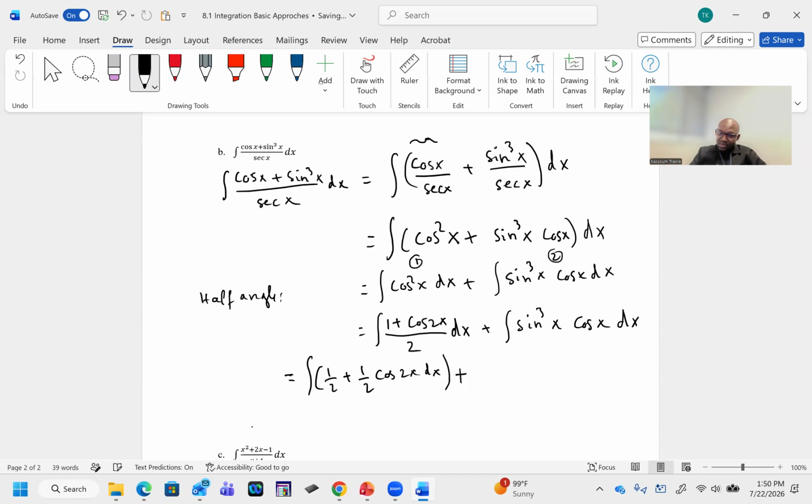And then using a substitution here, I will just say, let me use a red pen so you see what is happening. Or let me bring this one down a little bit.